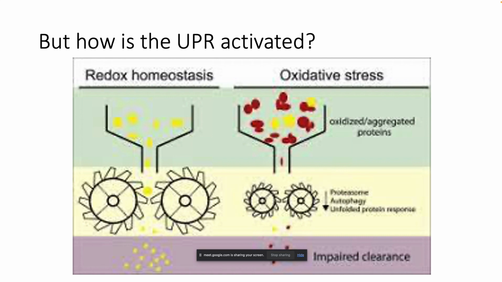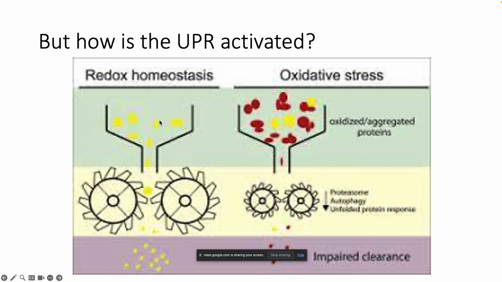But how is the UPR activated? So it's activated by oxidative stress. So if you can kind of see this figure, that's horrible. So redox homeostasis, you can look at it like this.